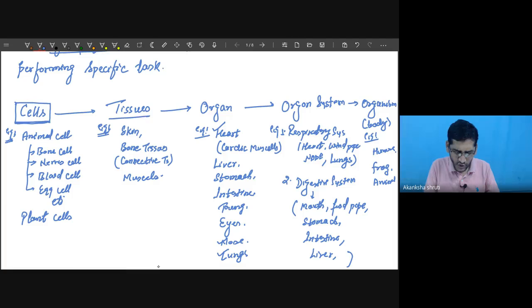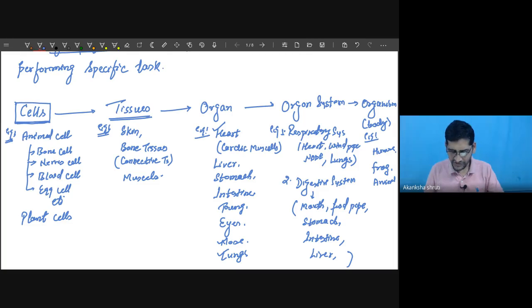For example, the skin, the outer surface of the body, is a tissue called skin. Not only on the outside, this skin is also in the inner lining of the mouth and the stomach. All are part of this skin. Getting it? It is called epithelial tissue, which we will learn.